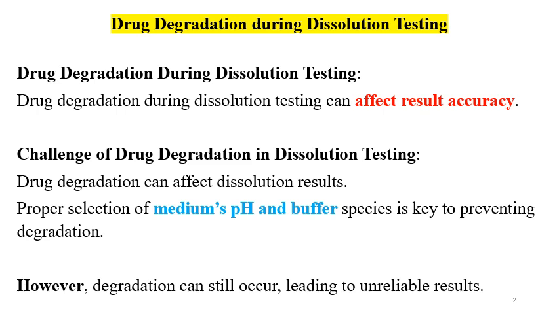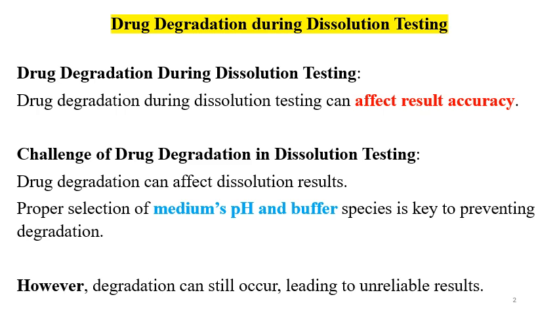Generally, proper selection of medium pH and buffer is an important parameter, or you can say a key parameter, for preventing the degradation. If you know that the drug is acid labile, you can skip the acidic pH and perform the dissolution in neutral or basic pH.